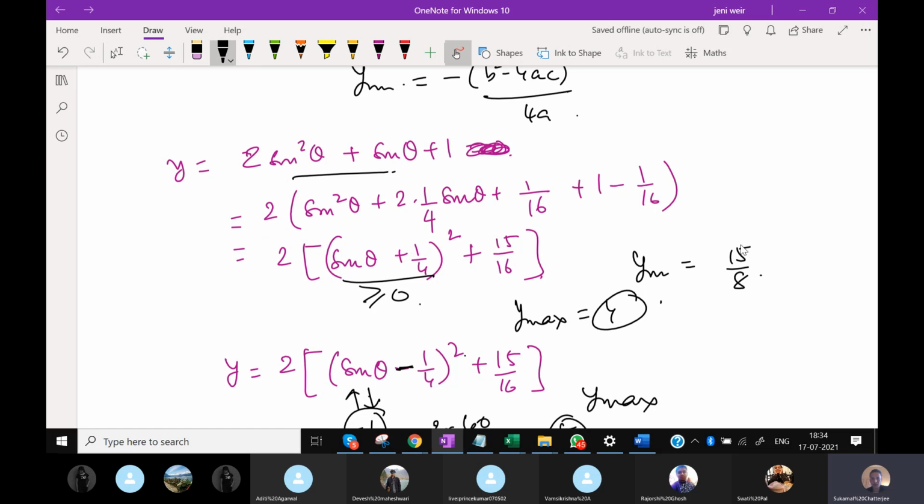So to find the minima, you just put the square part equal to 0. That will give you the minima straight away. But when you are calculating the maxima in these kinds of cases, you have to be careful about the sign here. If the sign is positive, then you have to take the positive maxima of sine theta. If the sign is negative, you have to take the negative minima of sine theta, because you'll eventually get a square of that.